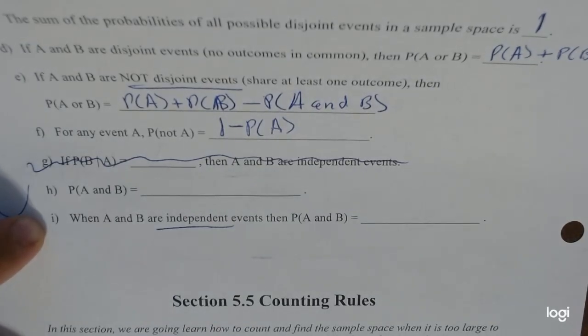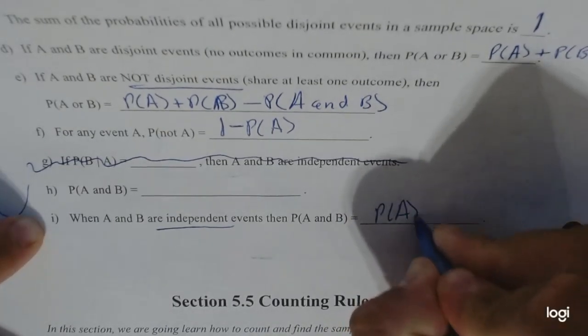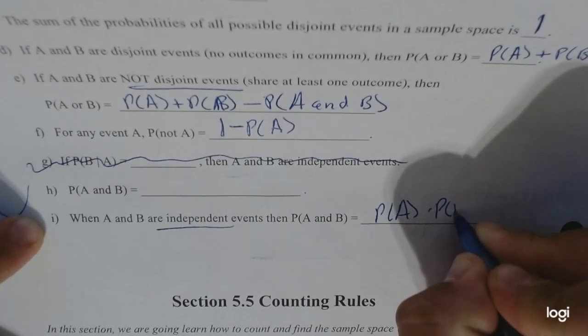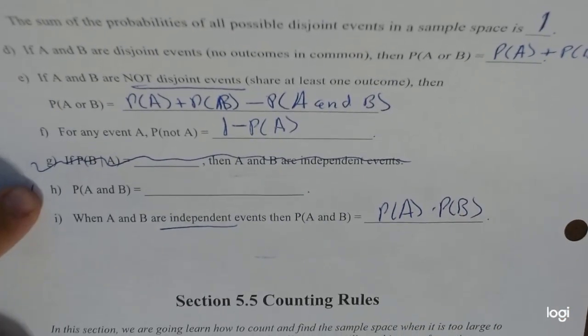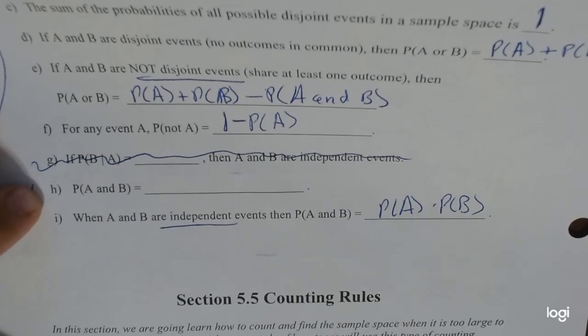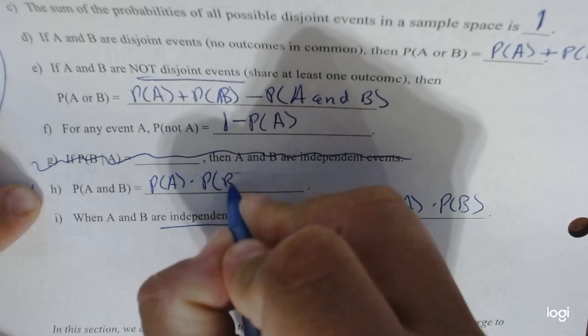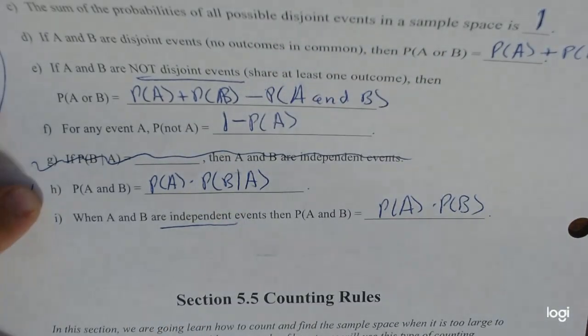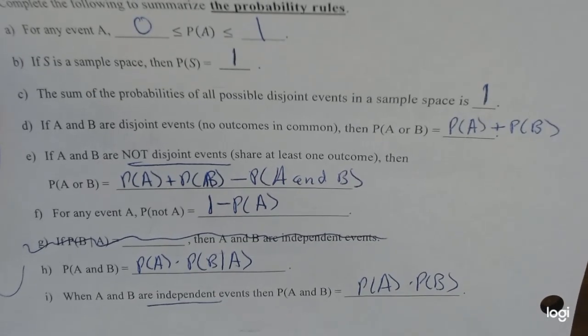How do we find that? That's what we just did in this section. It is the multiplication of the probabilities, because they're independent. However, if they're not independent, our equation is going to look like this. It's the conditional part, just like the cards game. So that's essentially a good summary of what we've done so far when it comes to probability.